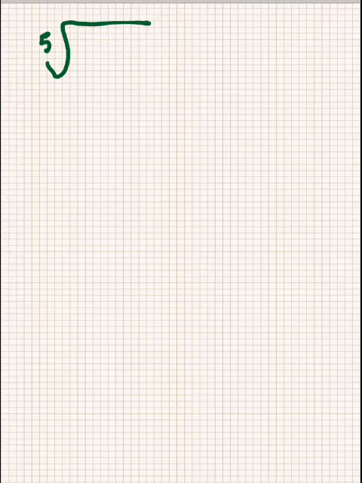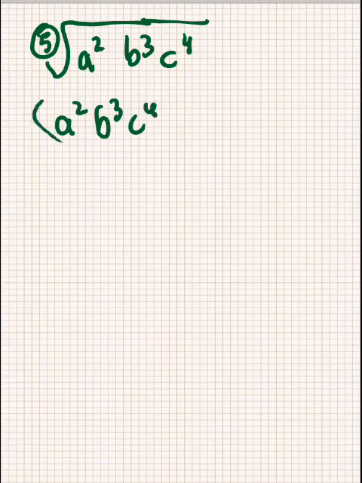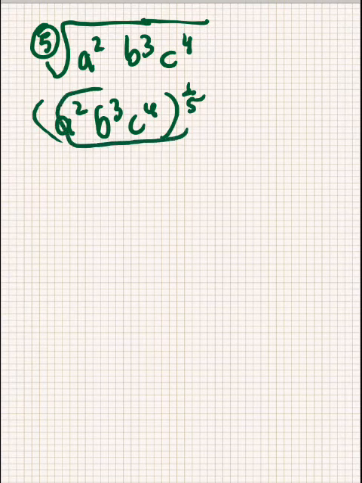Now moving on to question 6, we have to find the rationalizing factor of this. So the rationalizing factor should be so that this 5 cancels out. If we write it normally, it will be a squared b cubed c to the power 4 whole raised to 1 by 5. So we have to make these powers 5 so that this 5 and this 5 cut down.